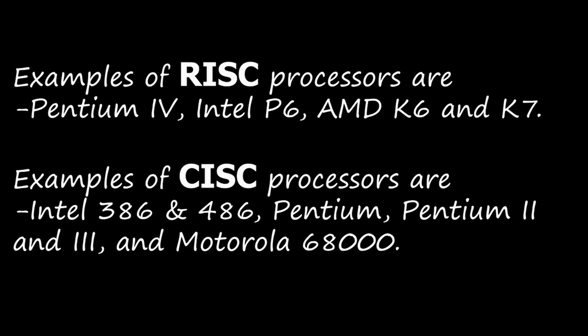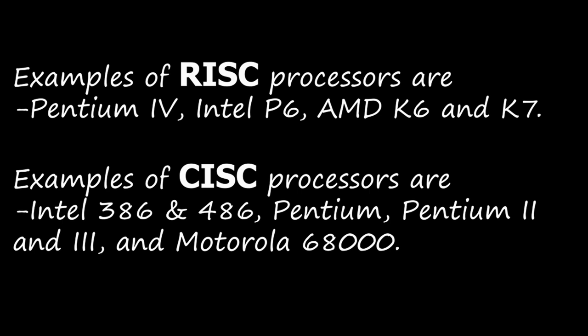CISC means complex instruction set computers. This supports hundreds of instructions. A computer supporting CISC can accomplish a wide variety of tasks, making them ideal for personal computers. From the word itself, complex instruction sets means however big the task is, CISC can complete it very easily.